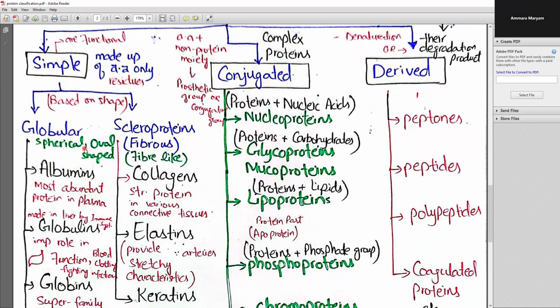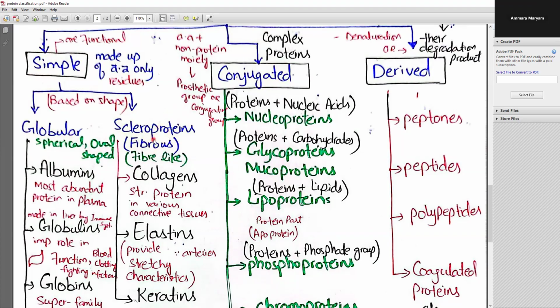The second subgroup over here is the fibrous proteins. As the name suggests, they are fiber-like proteins. That means their width is very small. They look like long fibers, long strands, where the width is very small as compared to their length. So they just look like a fiber. That's why they are called fibrous proteins.